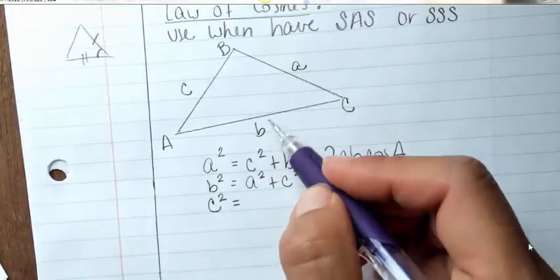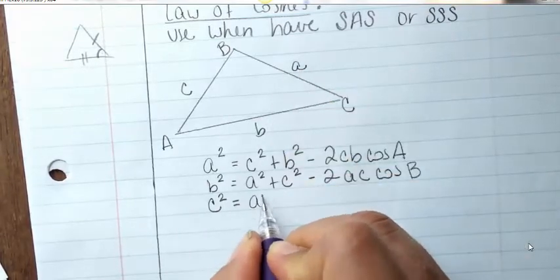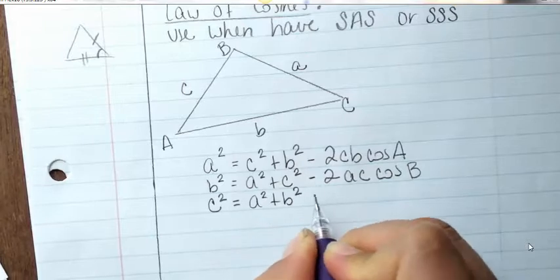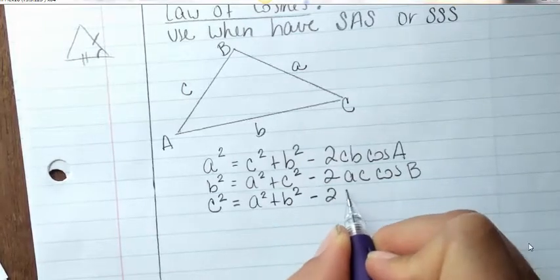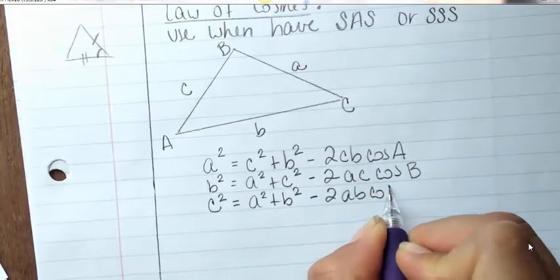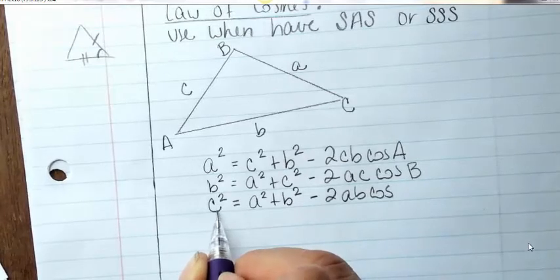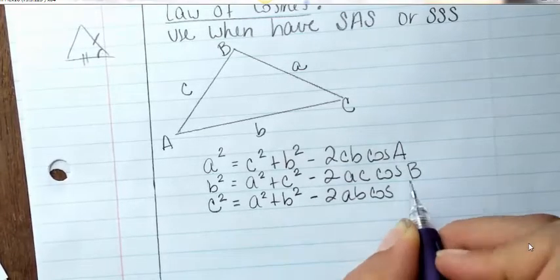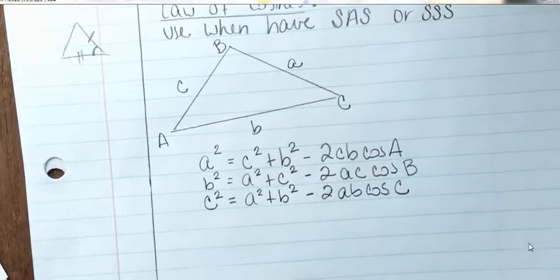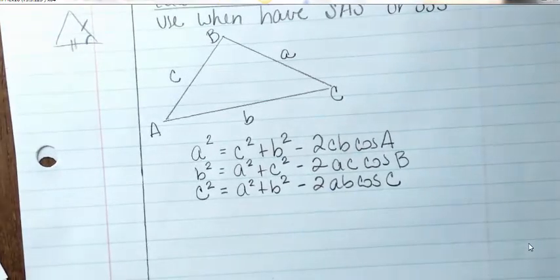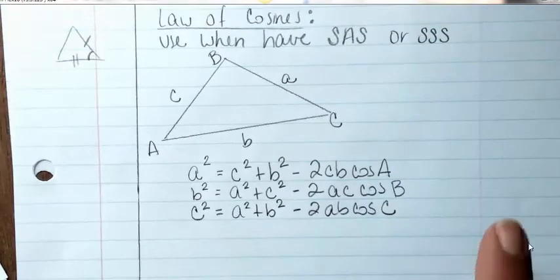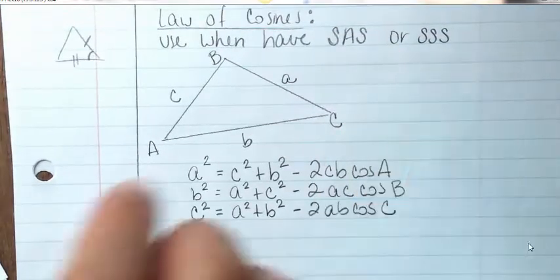Now the other two sides get squared and added, minus 2 times those other two sides, times the cosine of the angle opposite this side, which is C. Okay, so that's the law of cosines. It's pretty straightforward, it's pretty easy, and it's always going to work as long as you have side angle side or side side side.